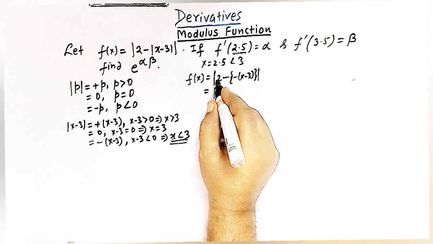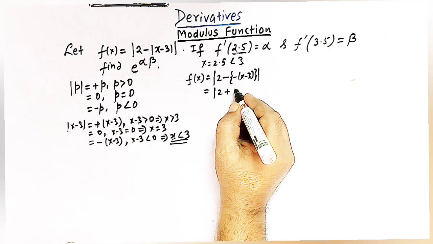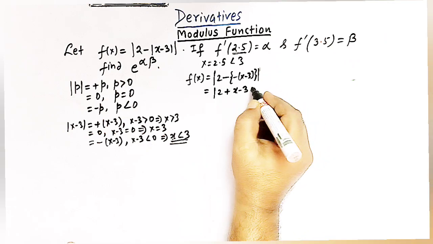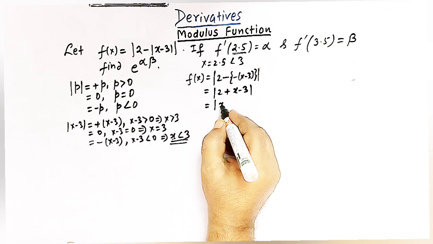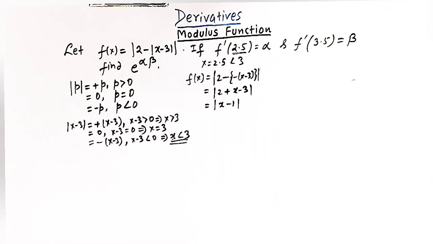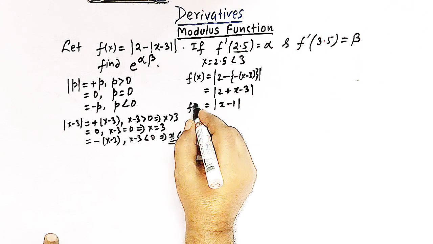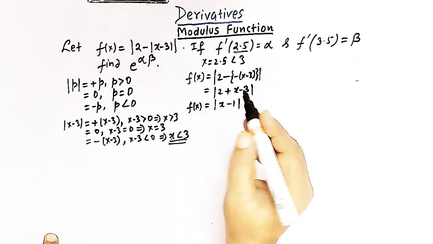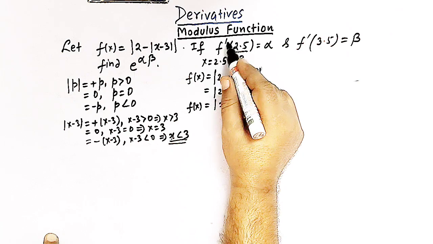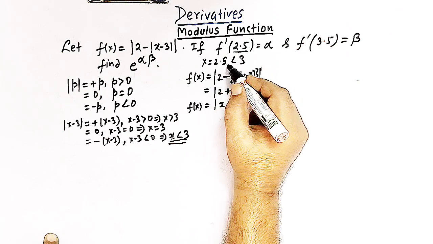So we have mod, and here we have 2 minus minus plus, so we are left with x minus 3. So this is now x minus 1. So now we have f of x is equal to a mod of x minus 1, right? And we have to find out f prime of 2.5. So x is 2.5, right?